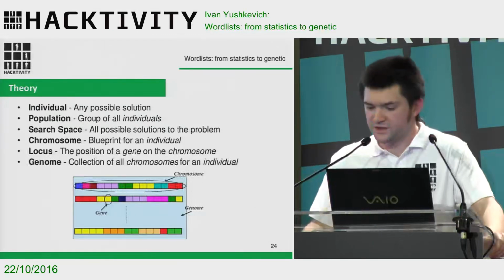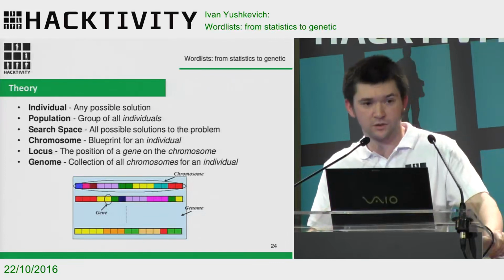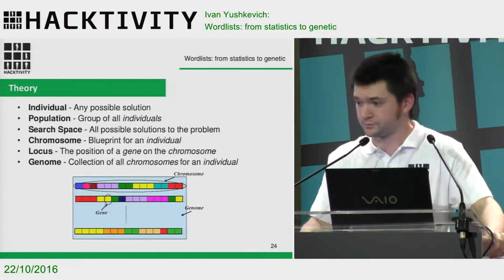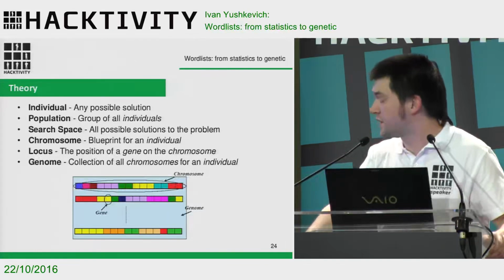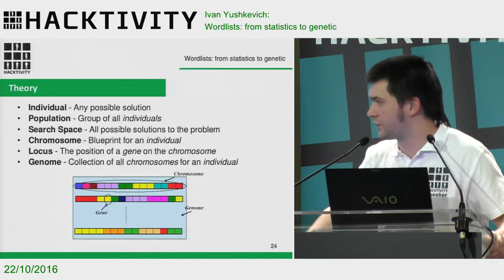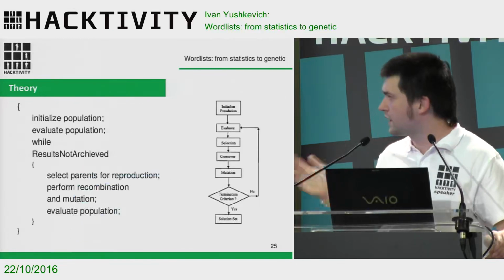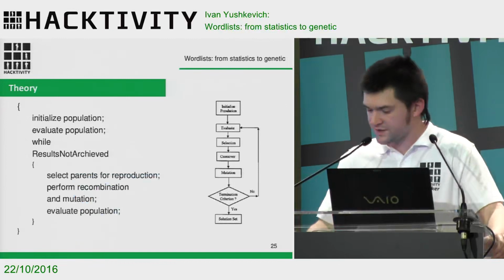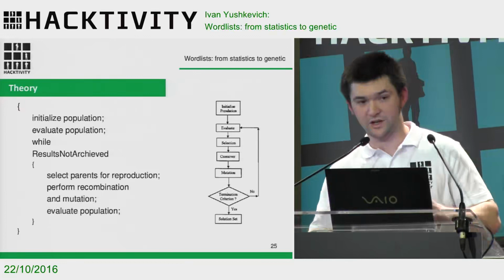In genetic algorithms, we have a population that consists of individuals. Each individual is represented by a chromosome. Each chromosome contains genes. Here you can see how it looks on paper. And here is the basic process of the genetic algorithm. Firstly, we generate a population.